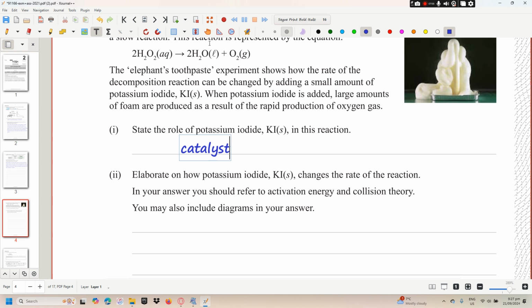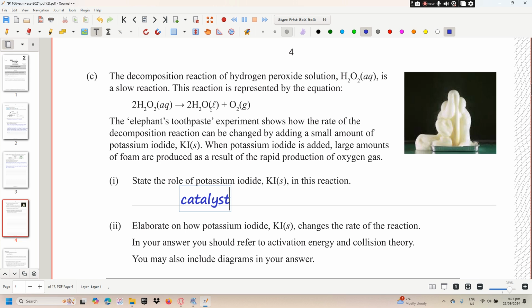Now, a lot of people get confused as to just why this little thing makes it so easy for this reaction to occur, and it's kind of hard to get into, but the idea is this is an ionic solid, right? And in some way, this thing is present in aqueous hydrogen peroxide. It provides a surface, and when two hydrogen peroxide molecules meet on the surface, they're much more likely to react with one another.